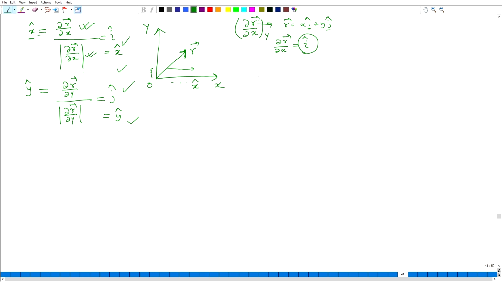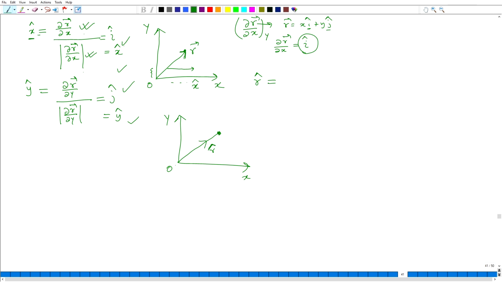For the plane polar coordinate system, r cap is again a direction. Think of a plane polar coordinate system with origin O, x and y. The r cap is the direction joining the origin to the position of the particle. But what is the exact meaning of this?